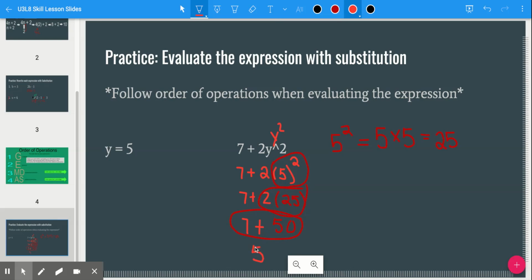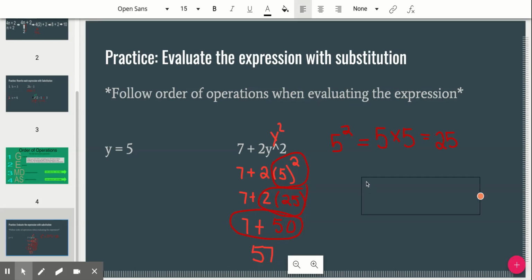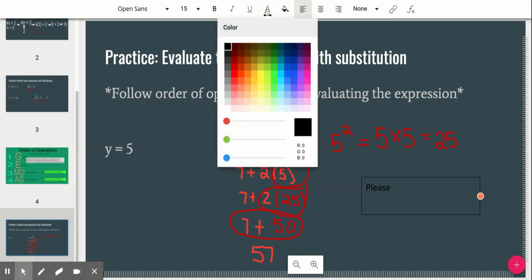And that's my answer. Now this is exactly how you should be showing your work as well. I just want to remind you to please, let's write this in a font we can see.